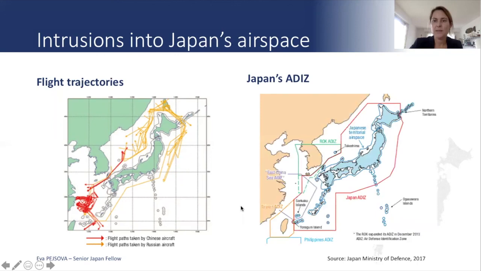In comparison, on the right, you can see the full extent of the Japanese air defense identification zone, which is much, much broader. And for your interest, also the unilateral proclamation of the Chinese East China Sea identification zone in 2013, which we will talk about more in detail in the next section.